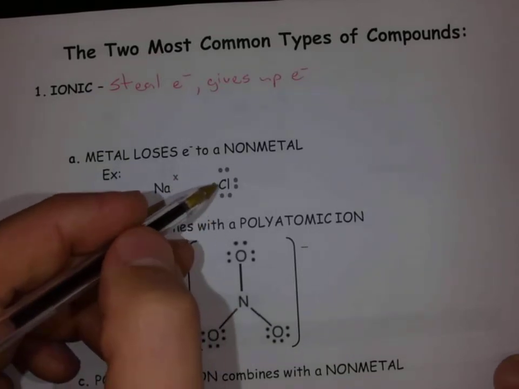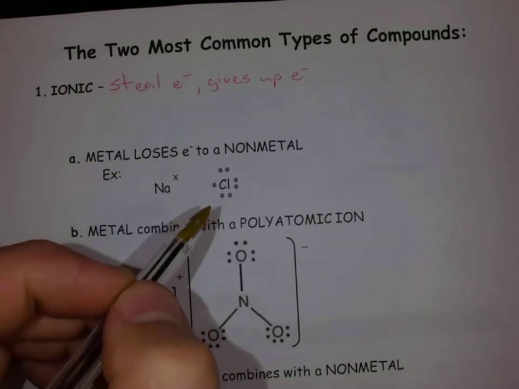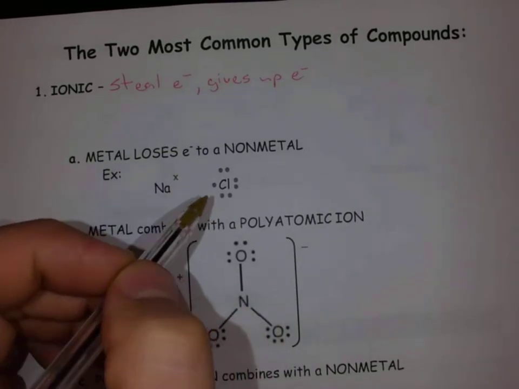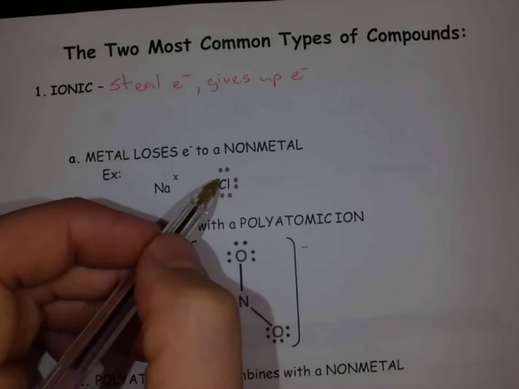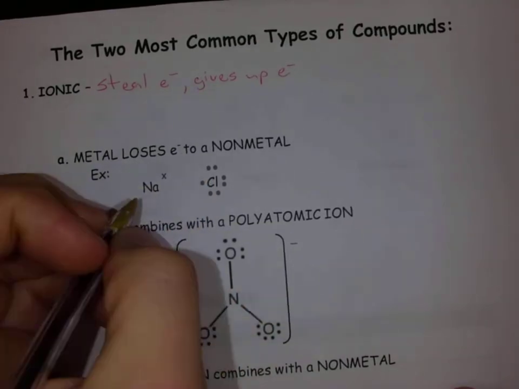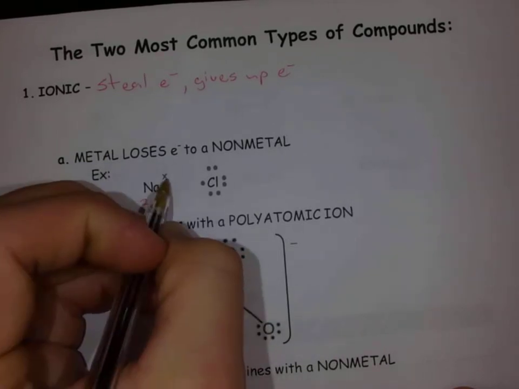and it's going to lose it to chlorine. Chlorine, right, has a really high electronegativity. It has a really high electron affinity, so it wants to gain that electron, okay? It's going to gain that electron and put it into the 3p orbital, right? So if we look here, right, this was the 3s1 electron, okay?